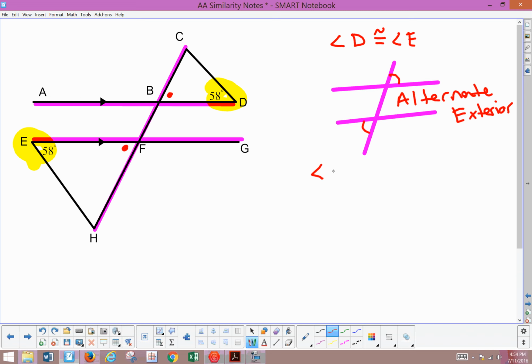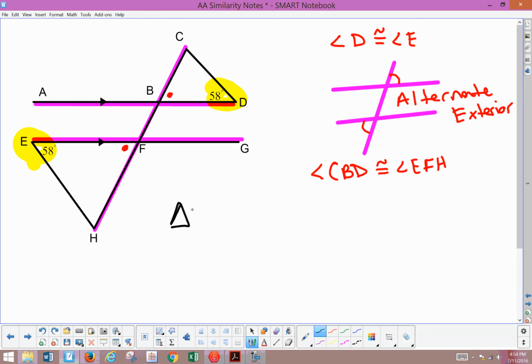So we can say angle CBD is congruent to the angle EFH because we have parallel lines and those are alternate exterior angles. Okay, well, that's two angle congruencies. That means that I can say the triangles are similar.